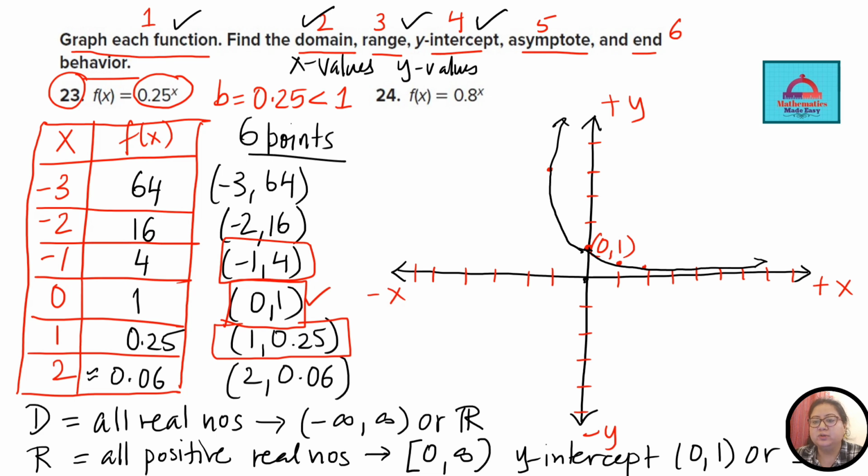Now by definition, my students know it, but for anybody who doesn't know what is the meaning of asymptote, let me recall for you. So asymptote is that line which the graph approaches. So if you see, this graph is approaching, it is coming very, very close to the x-axis.